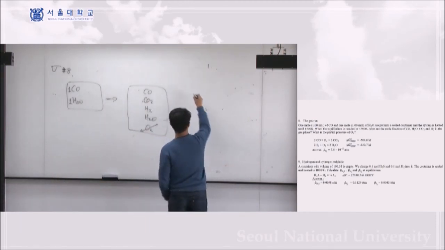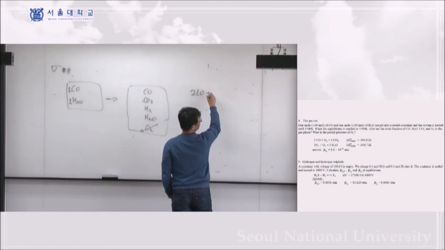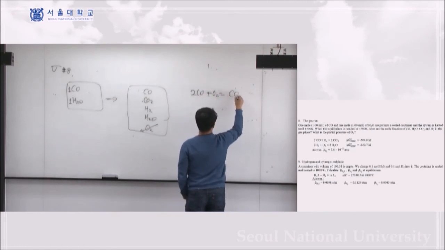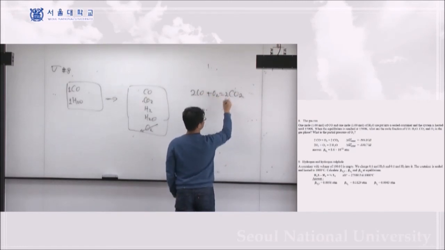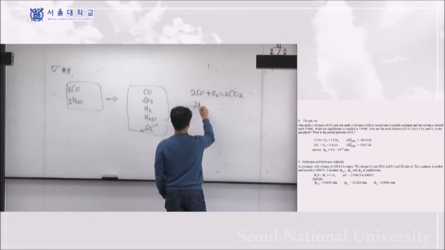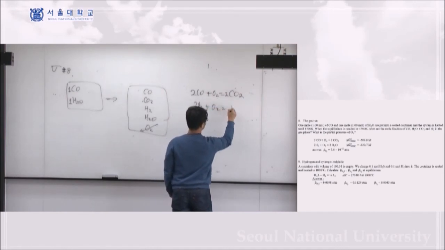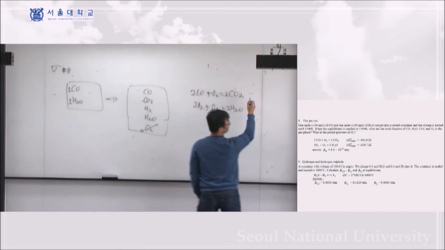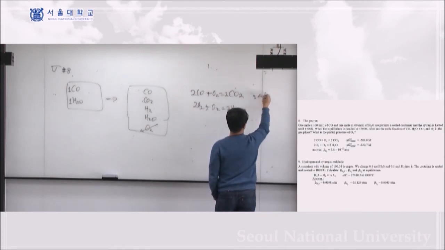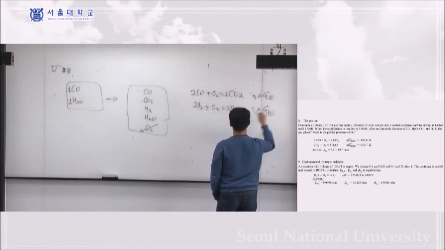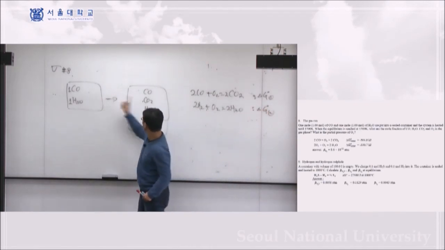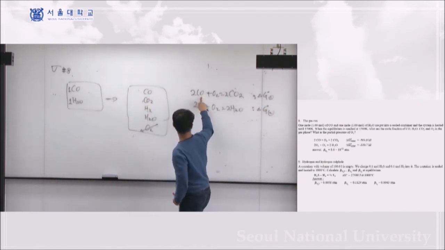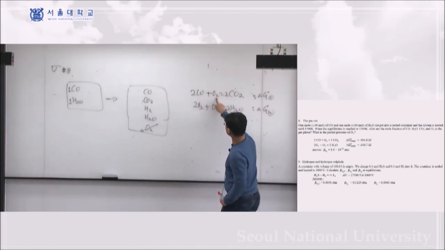So as you see, 2 CO. This is delta G naught 1, delta G naught 2. CO becomes CO2, and H2 becomes H2O.